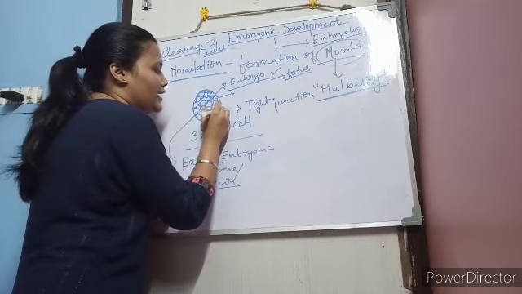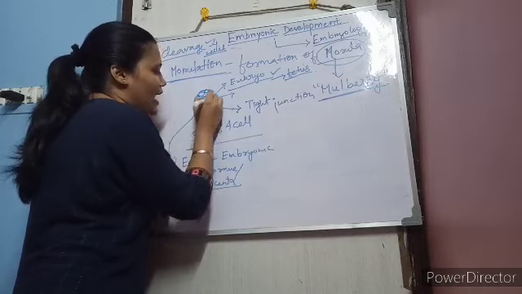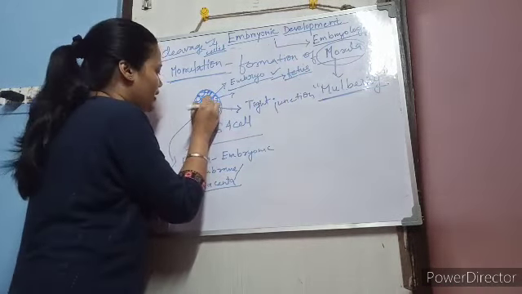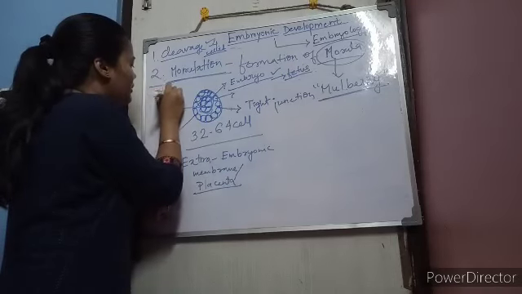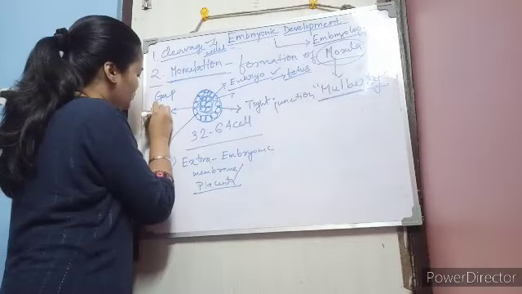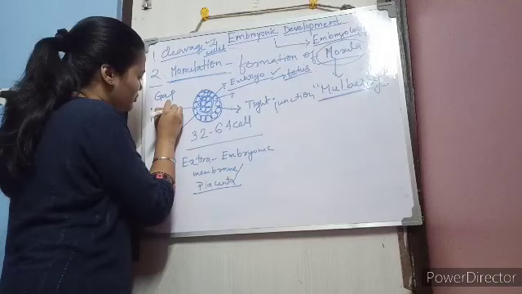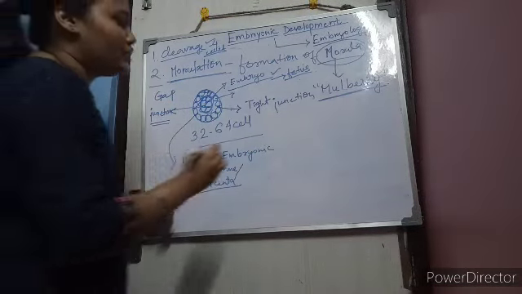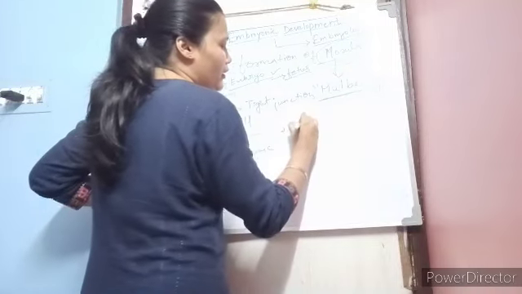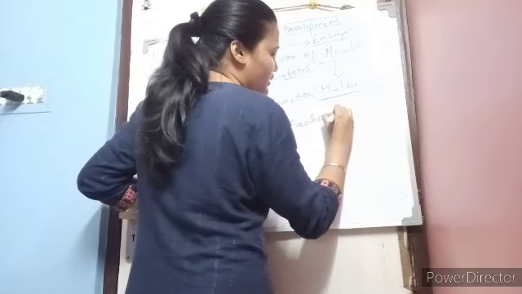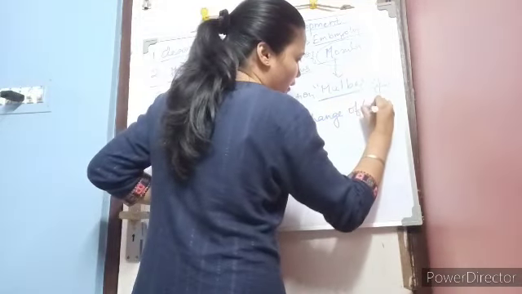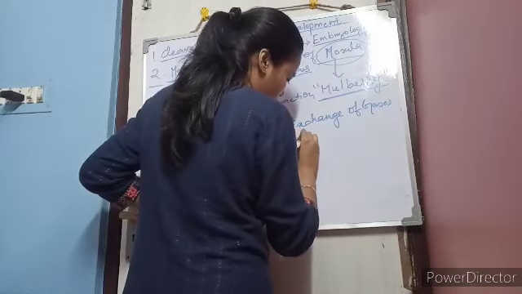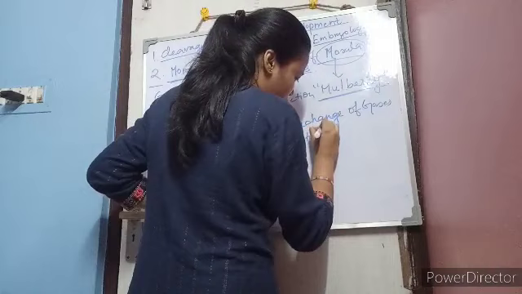So this contains a tight junction, and the cells arranged inside are also connected through gap junctions. The gap junction is necessary for the exchange of gases, and it also provides nutrition.